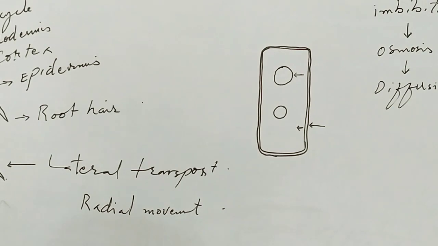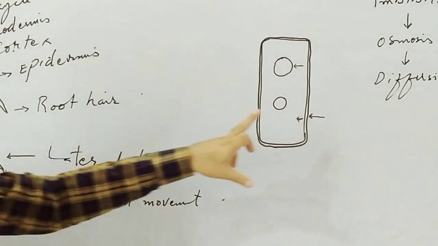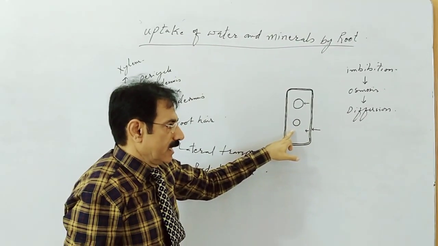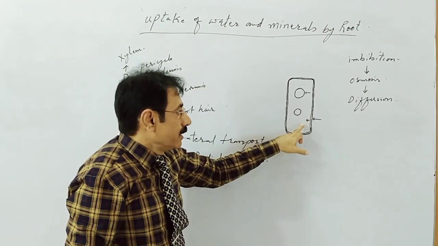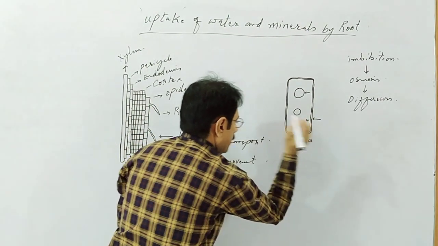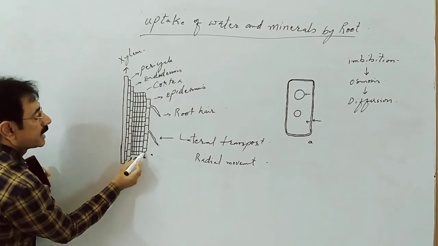This flow of water from the soil to the epidermal cell, which is supposed as cell A, this is supposed as cell A.